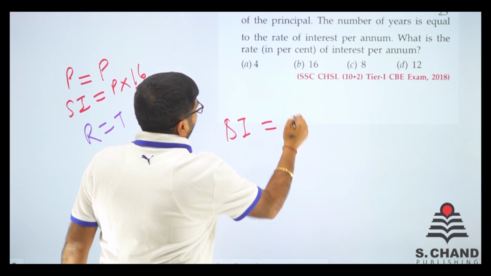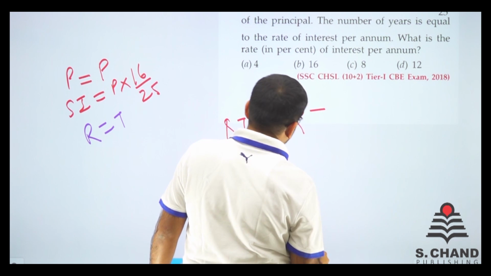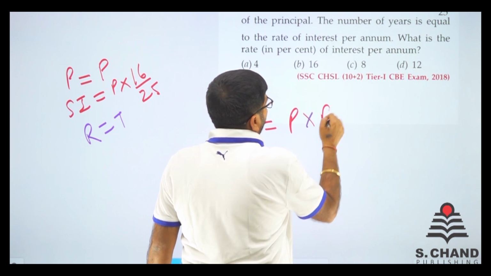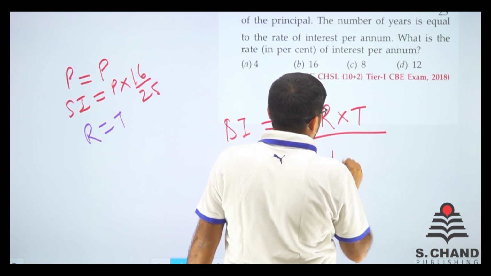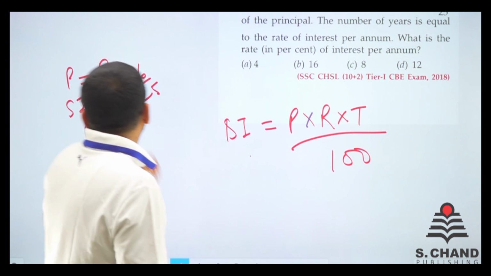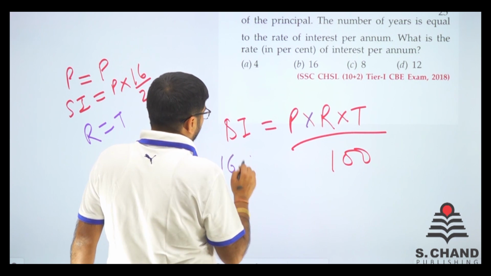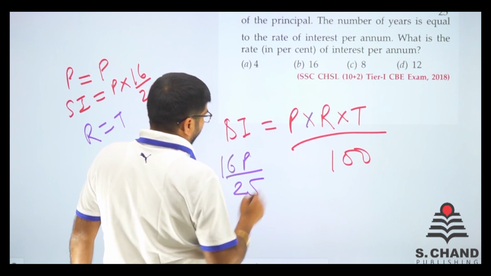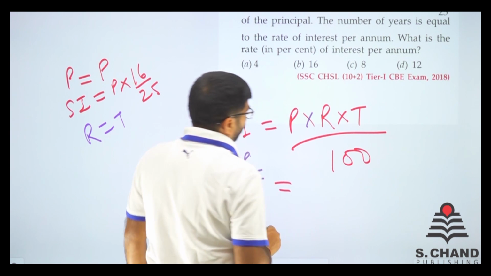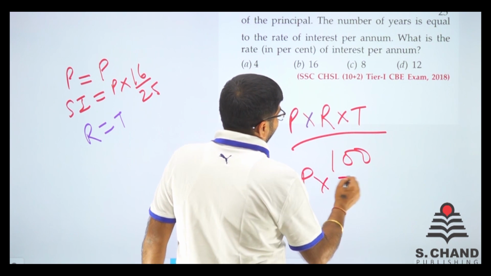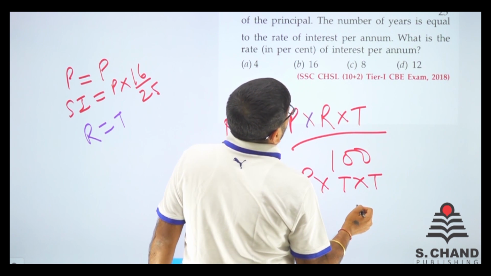SI is equal to P into R into T divided by 100. So what is SI? SI is P into 16 by 25. So 16P divided by 25 is equal to what? P into T into T. No.